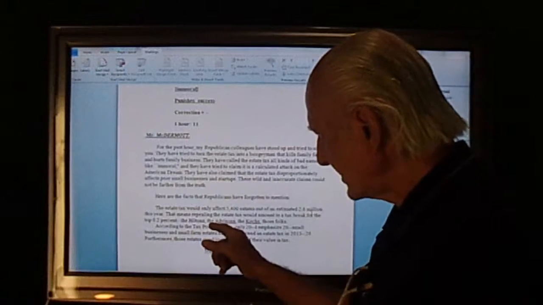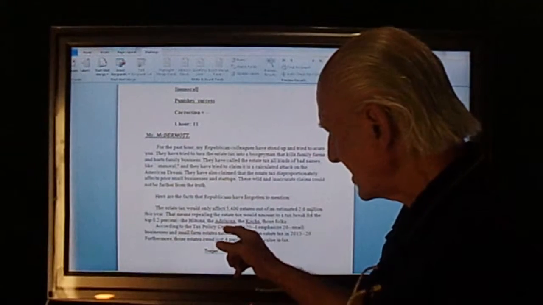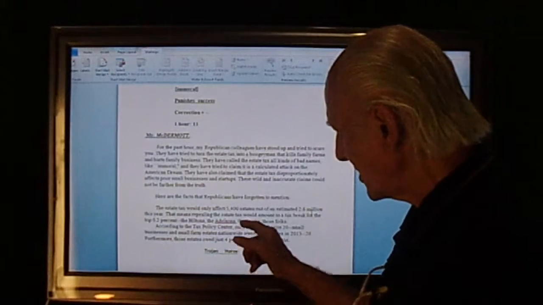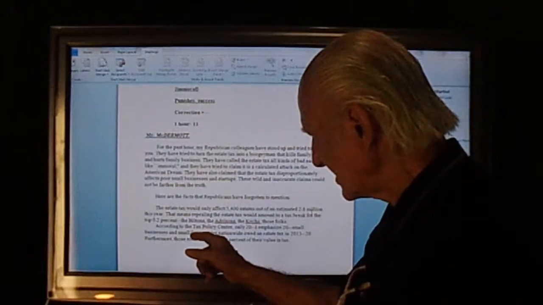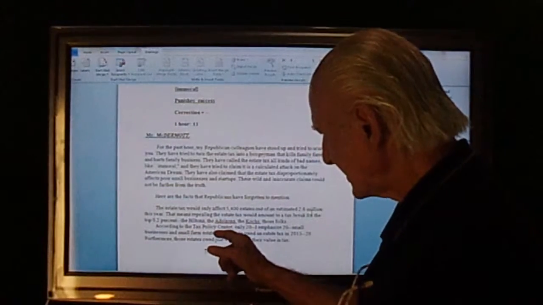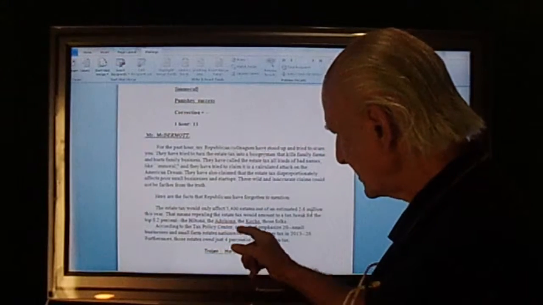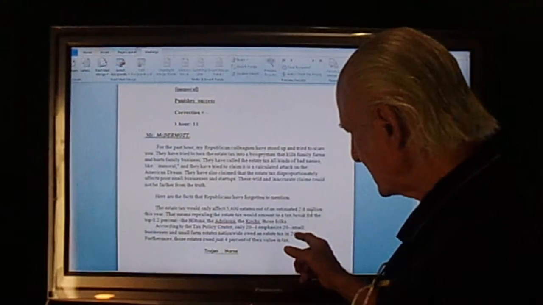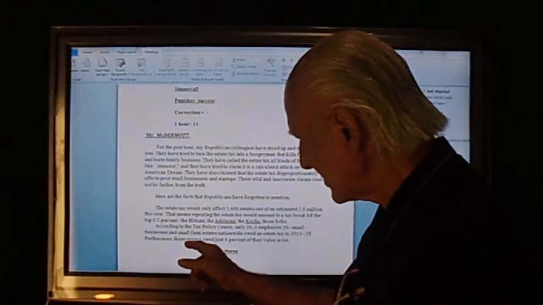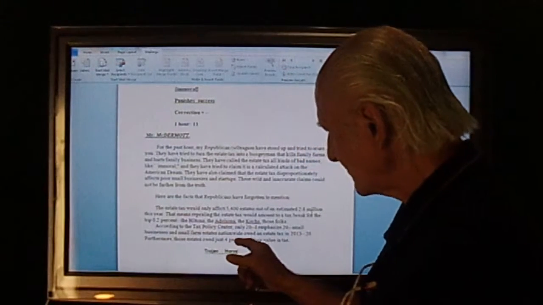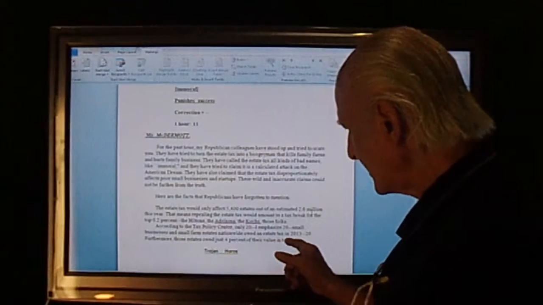According to the Tax Policy Center, only 20, I emphasize, 20 small business and small farm estates nationwide owed an estate tax in 2013. Furthermore, these estates only owed 4% of their value in tax.